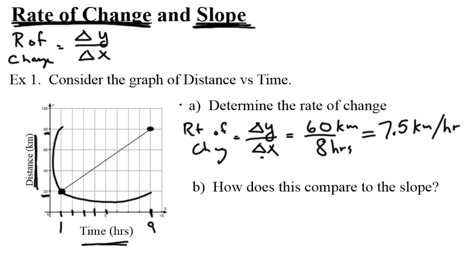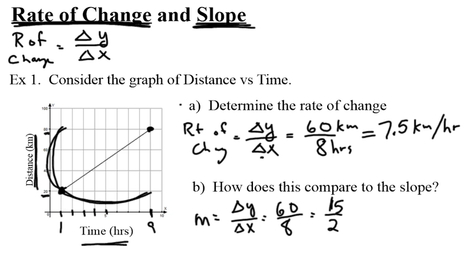How does this compare to slope? Well, slope is change in y over change in x. We're still doing change in y here to here. We're doing a change of 60 over a run of 8. It's still 60 over 8. Reduced is 15 over 2.